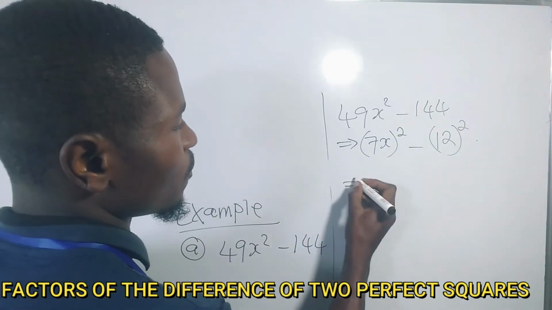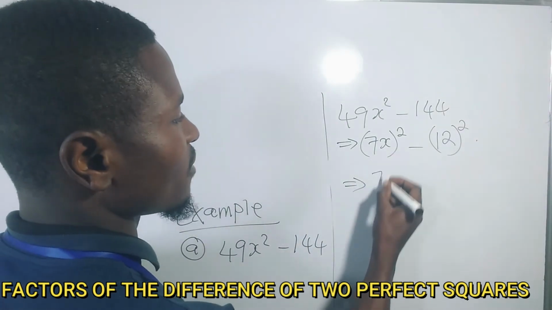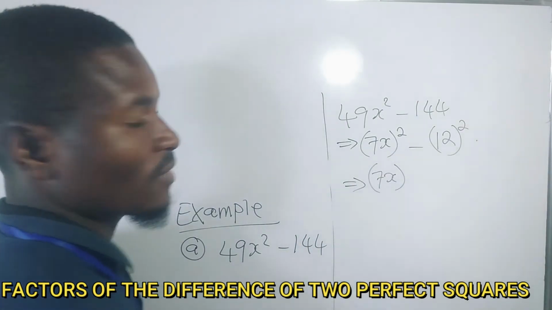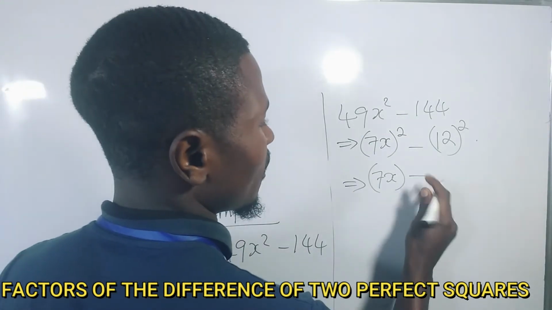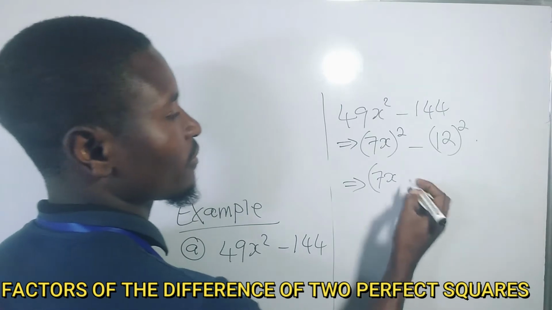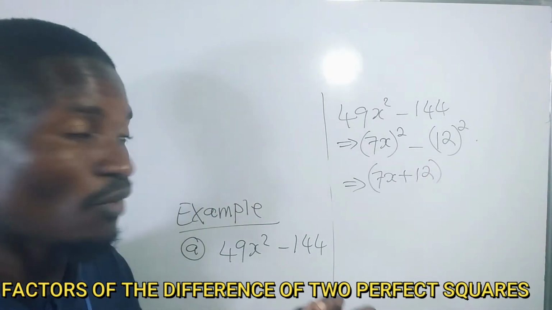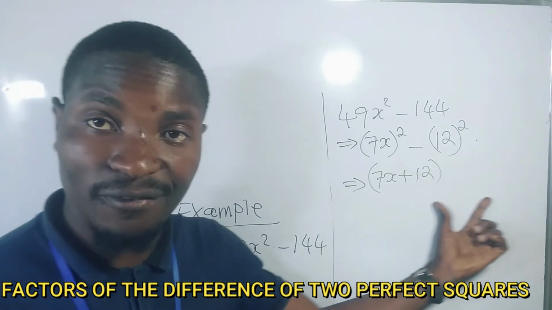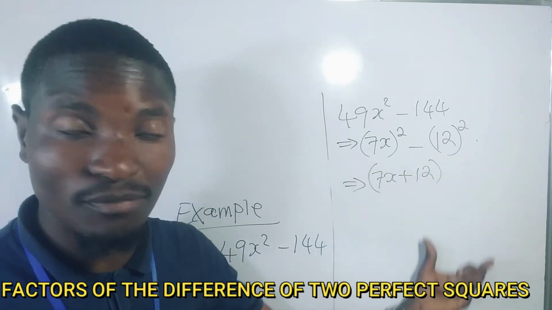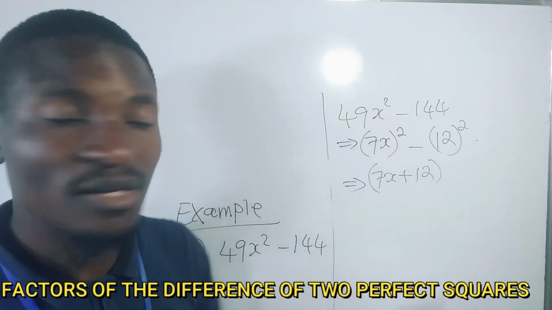Then what you do is you pick 7x, so 7x minus, 7x, and then you also pick 12 plus. So you also follow the BODMAS order, so addition comes first before subtraction.